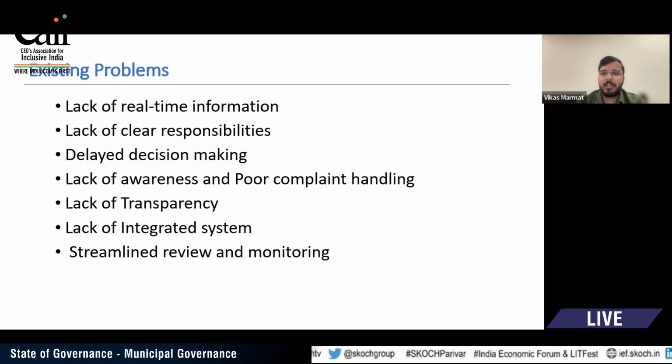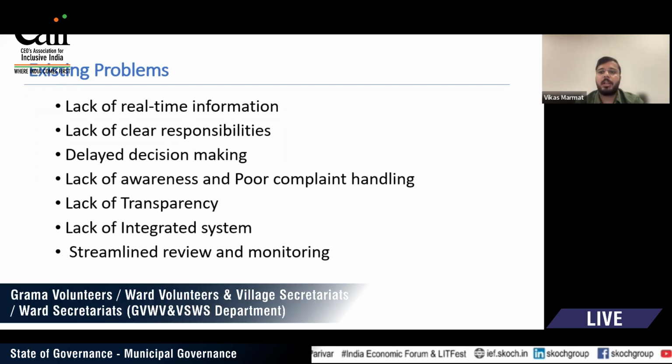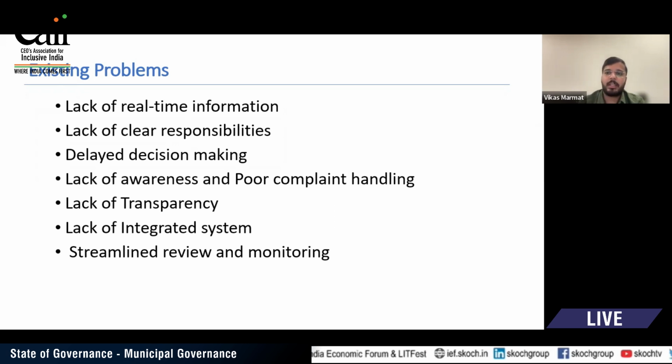Then responsibilities were not very clear, so everyone would try to shift responsibility here and there. So we made a system where it was mentioned in the system itself that in your action tile, the head of the department decided that this person should be responsible for solving this problem, and accordingly funds were also given. It was not something totally based on just inspecting and raising the action.